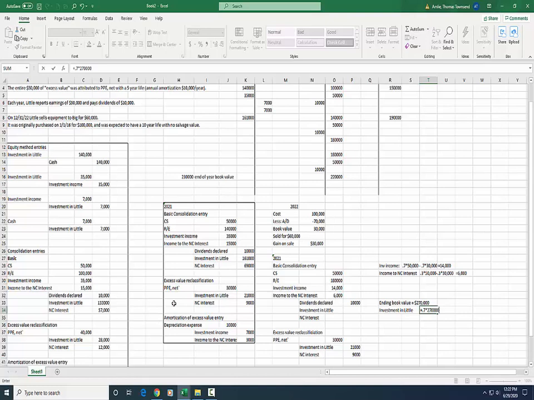And then we have to ask ourselves, again, some of the book value is comprised of common stock plus retained earnings. Some of that retained earnings is unrealized, and so we have to, just as we backed out the unrealized income out of the investment income and the income to the non-controlling shareholders, we have to back out that same amount from their investment account.